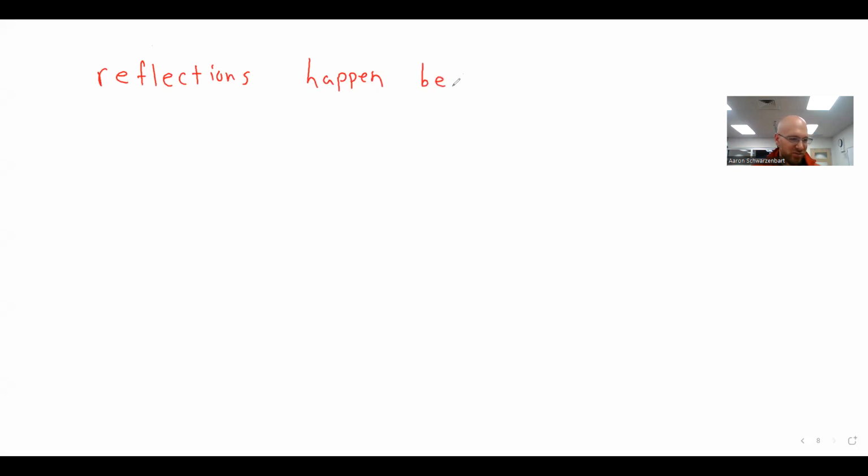And I'm going to say over the x-axis or across the x-axis and across the y-axis. I've heard "in x-axis," and that really means you can translate your axis and reflect across that, but it ends up being a little harder usually. So reflections happen before translations.